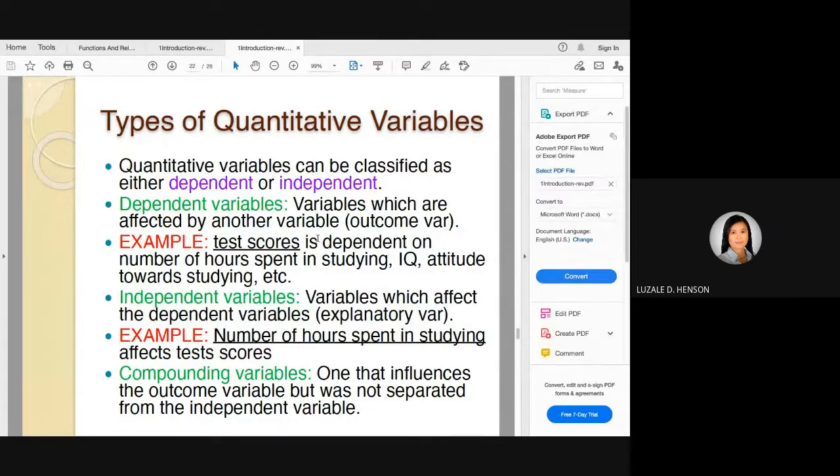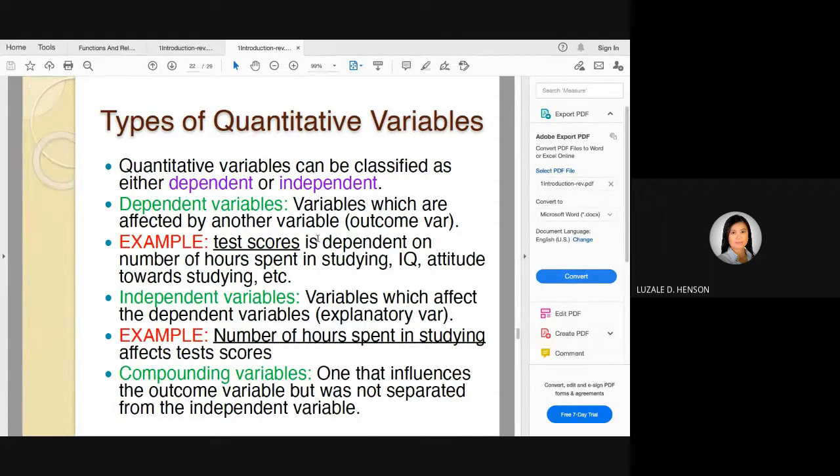Dependent variable yan because there are many factors that may affect the increase or decrease of the number of COVID cases per day. What are these? It may be government restrictions. It may be the weather. It may be the attitude of the people, no? The population. So, dependent variable yon.